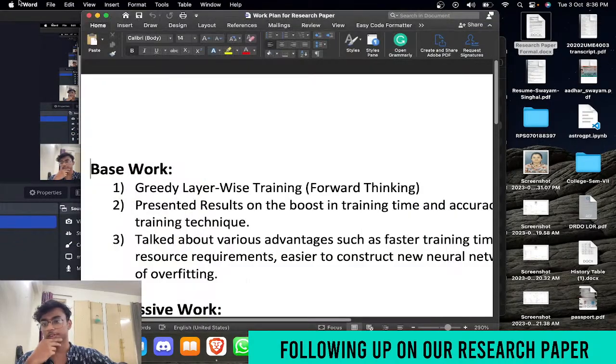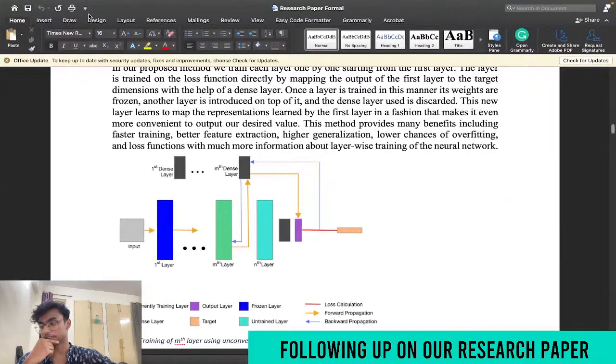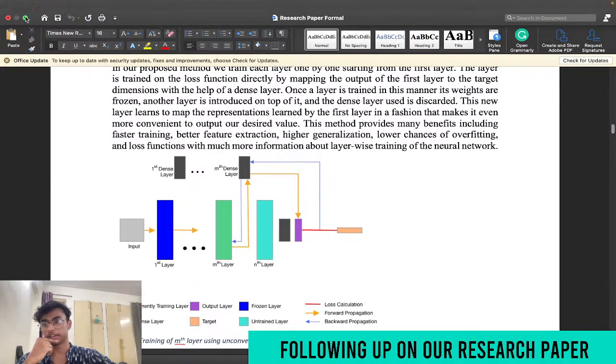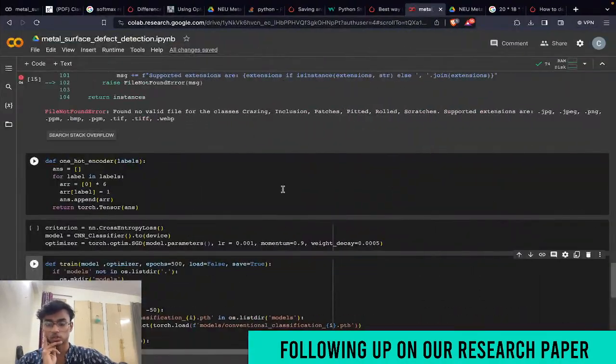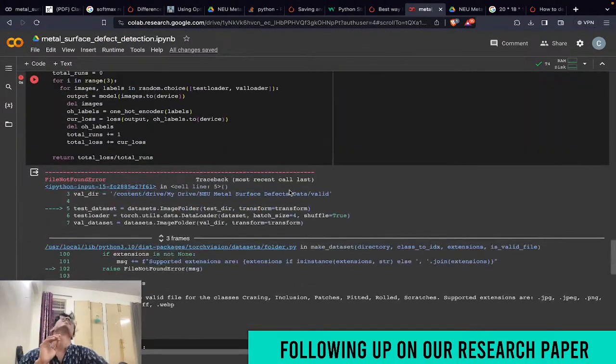Okay, we'll have to look at the background, then I'll have to do work. I can't do anything else about it. We have written most of the code here, so I'll not be able to show code for step-wise training till this training completes. I'll have to make sure that this model works, then only I can change the model so that it trains in a layer by layer fashion.